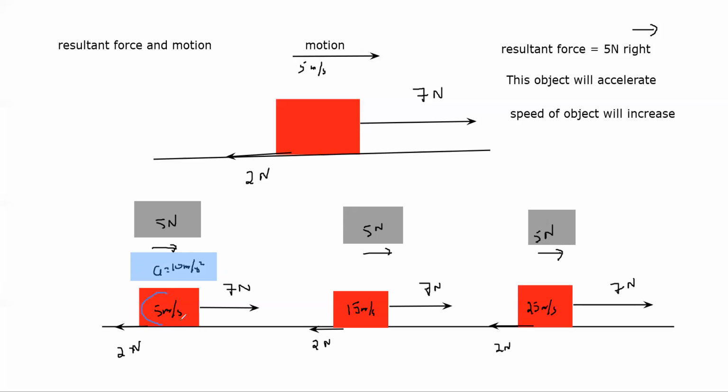If originally it was 5, after 1 second the speed will be 15. Then after another 1 second, it will be 25, because the acceleration of this object is 10, which shows that every second the speed will change by 10.